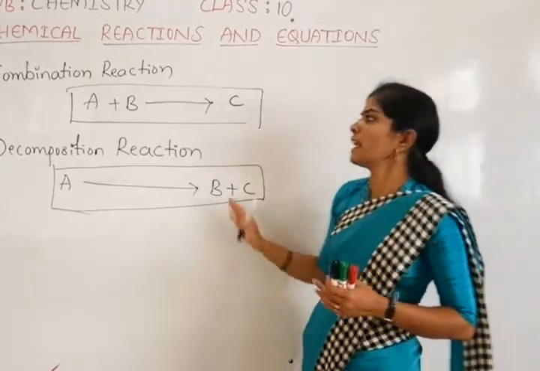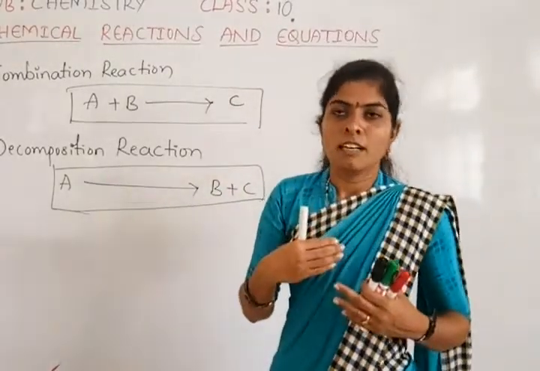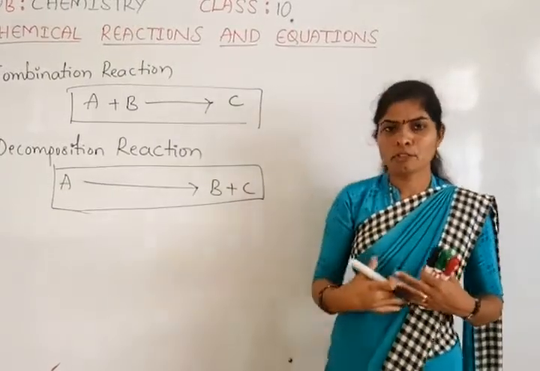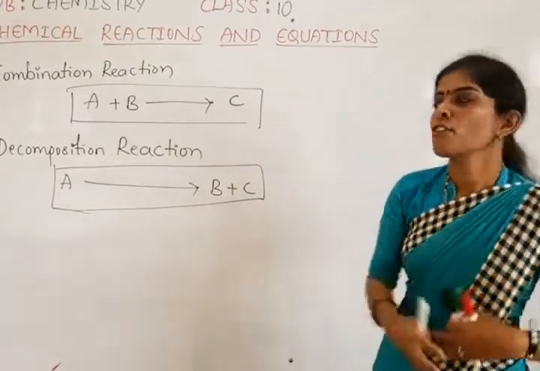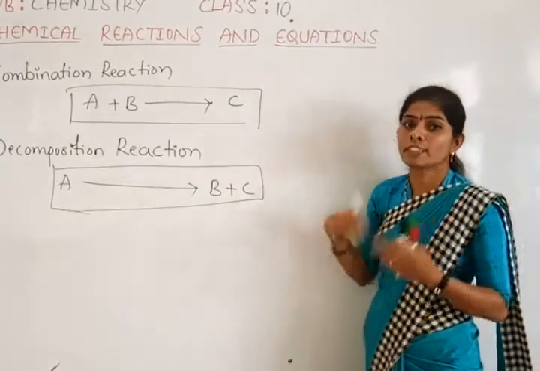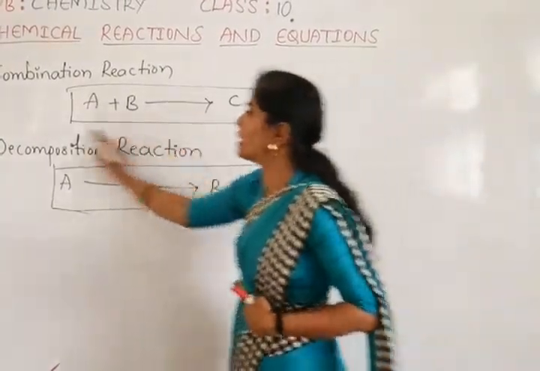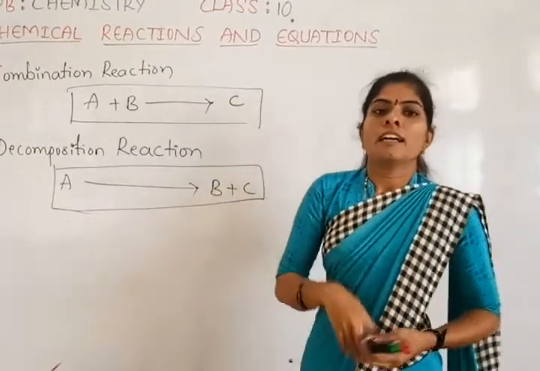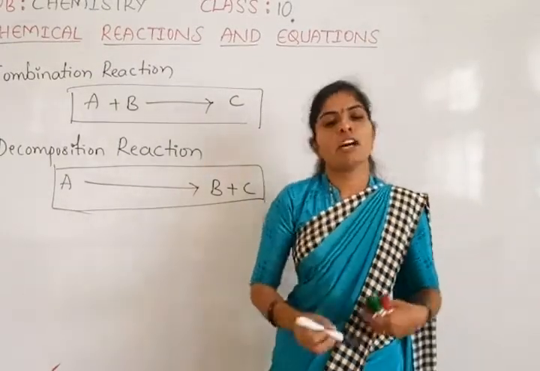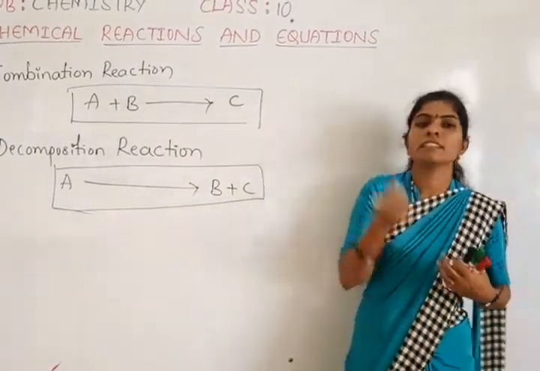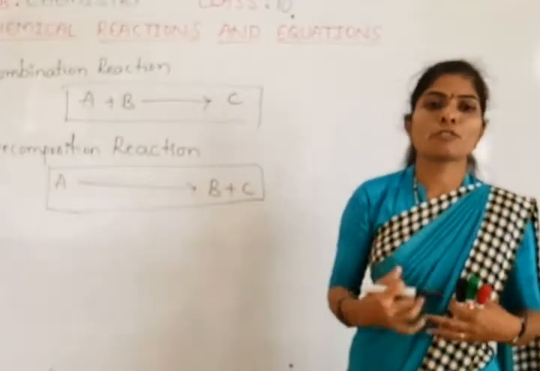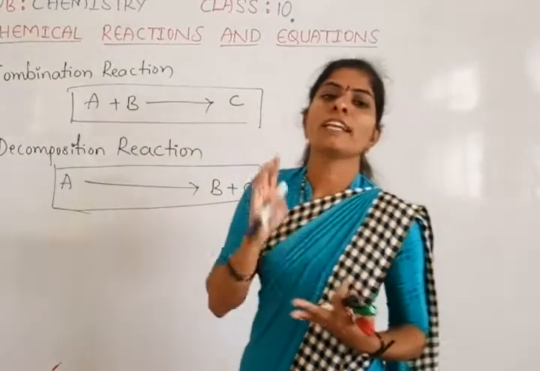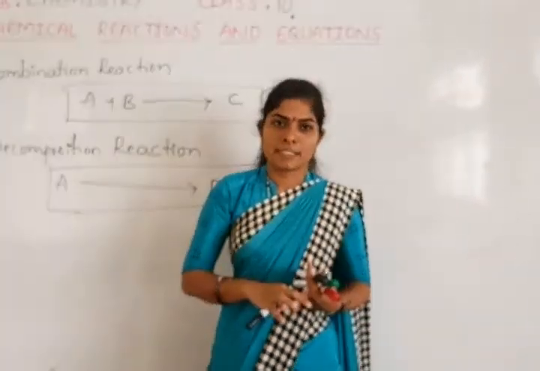In these two reactions, sometimes in the combination reaction heat can be liberated, so such a reaction we can call an exothermic reaction. And all these decomposition reactions are examples of endothermic reactions, because in decomposition reactions they always absorb energy in the form of light, heat or electricity.